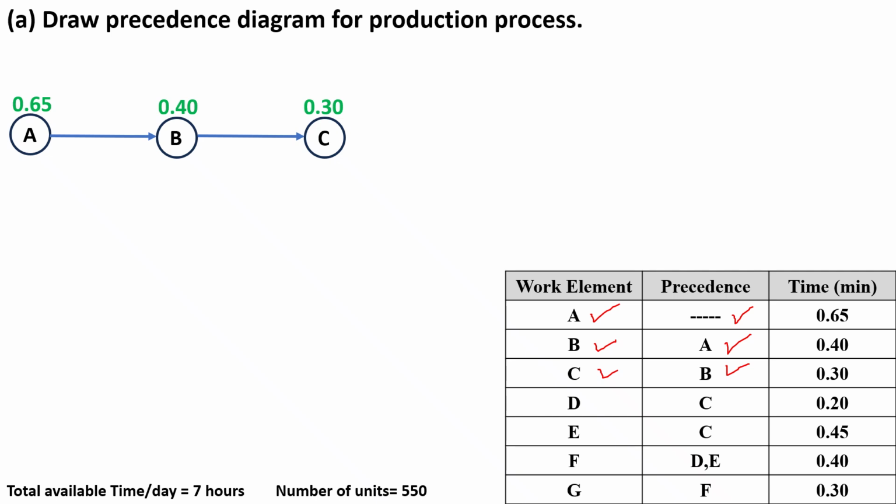The next work elements are D and E. Both these elements start after completion of the work element C, because for the elements D and E, the precedence element is C. So after completion of C, we have to draw the work elements D and E like this, and represent their process times, 0.2 minutes and 0.45 minutes.